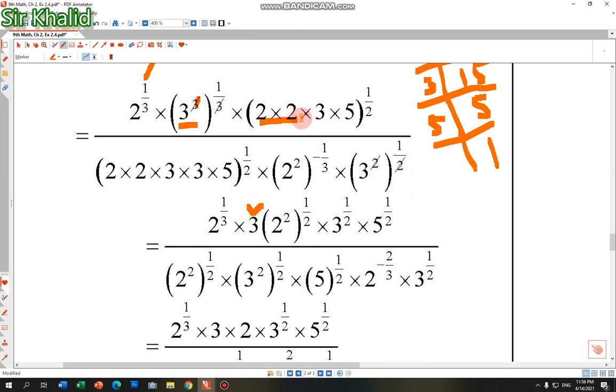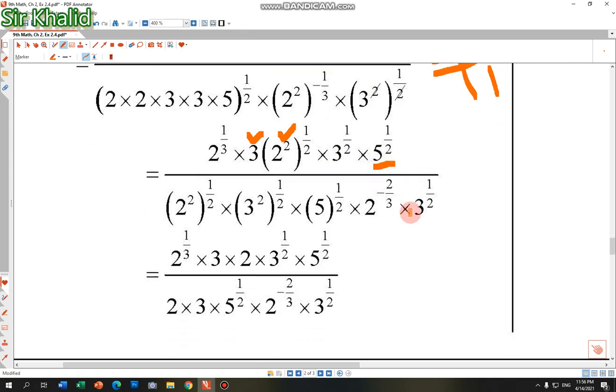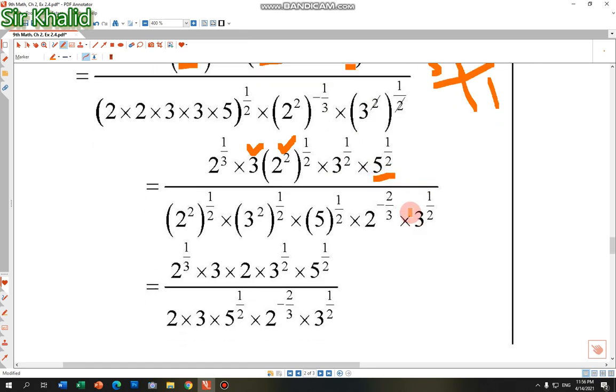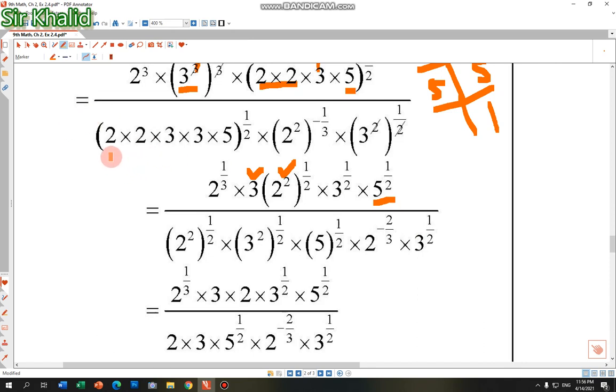Now this 2 into 2 can be written as 2 to the power 2, 3 squared, and 5, and this exponent is also applied on 3, 2 and 5.